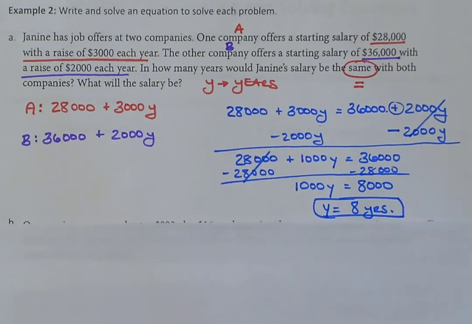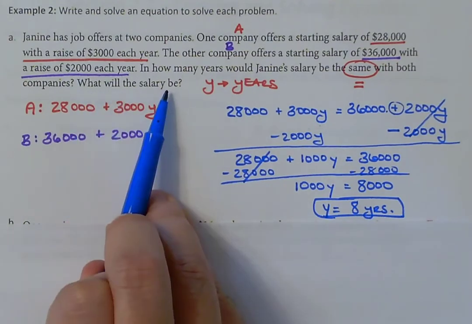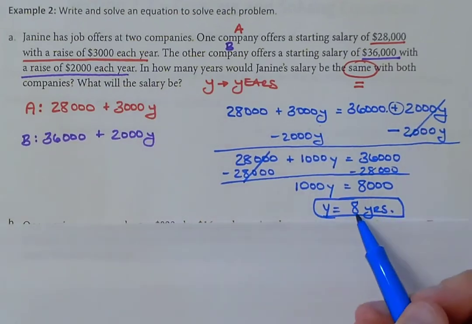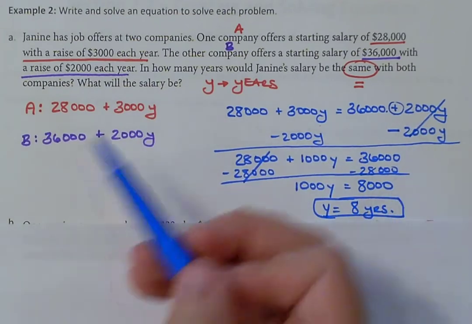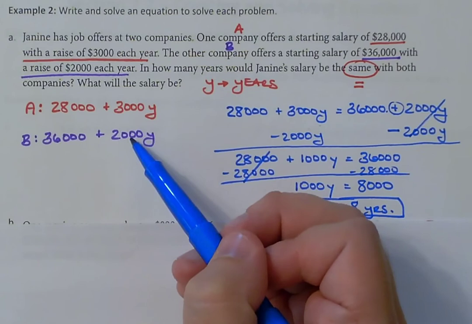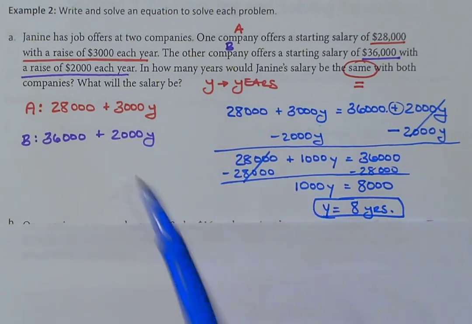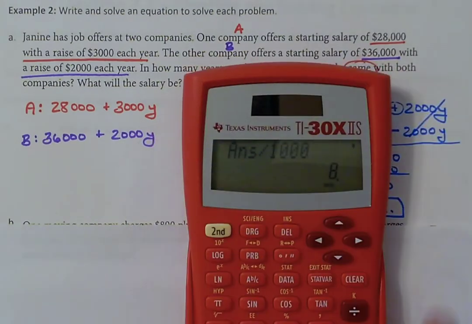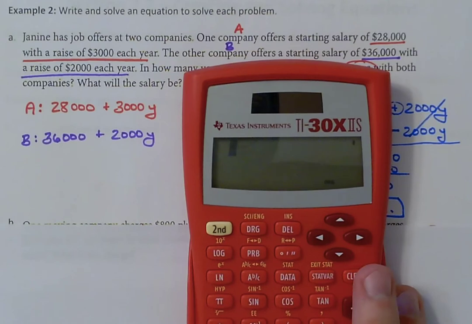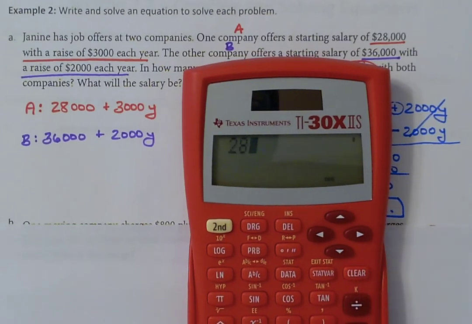The second part asks us, what will the salary be? So what you're going to do is take this value of 8 and plug it into just one of these two equations. You can plug it into both, but it's kind of redundant, so we're not going to do that. Let's plug it into the top one, just because that one's first.